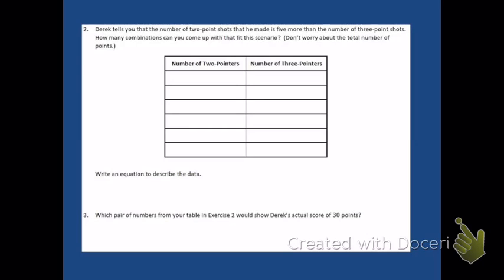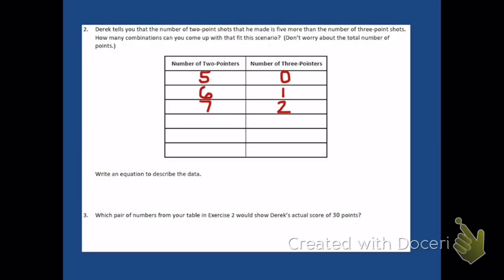Okay, so let's look at some ways this could work out. If he had 0 3-pointers, 5 more than 0 would be 5. If he had 1 3-pointer, 5 more would be 6. Notice that he can't have less than 5 2-pointers, because that would mean less than 0 3-pointers, which doesn't make any sense.